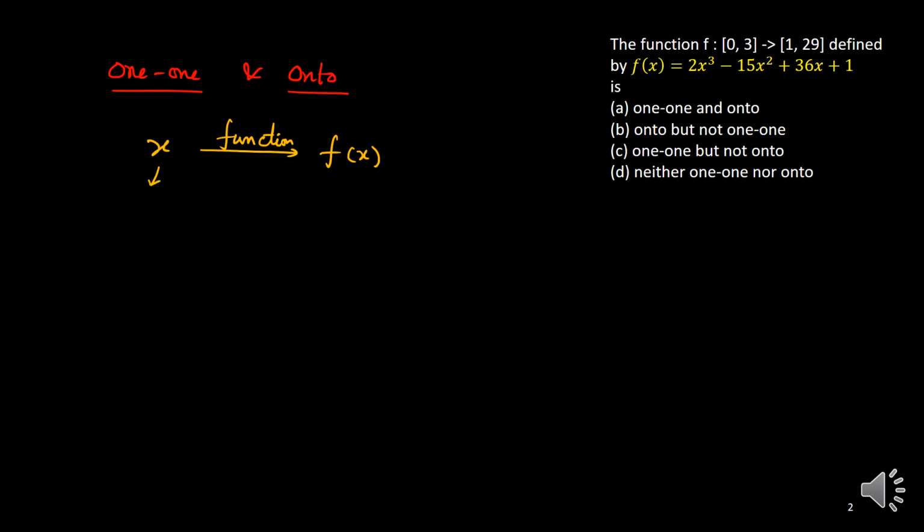This we call the input, the independent variable, and this f of x is the dependent variable, and its value I'll call the output, or sometimes it is also called the image. For some value of x, we'll get this function value f of x. So these two things we need to understand. There should be a mapping between input and output, and that is your function here.